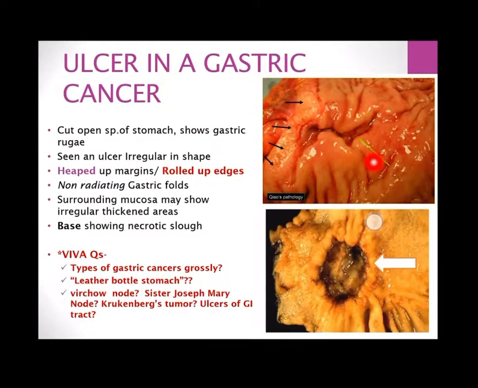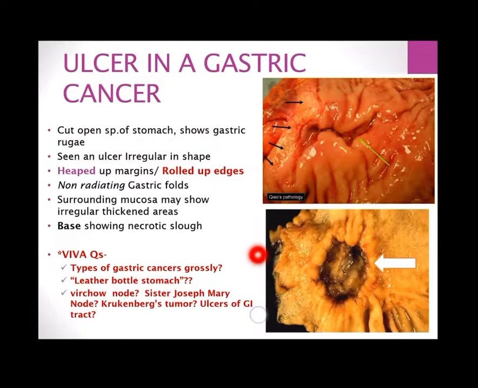So these two kinds of growth can be seen in case of gastric carcinoma. One is nodular with a central ulceration, and second is infiltrative where the wall of the stomach is diffusely thickened.